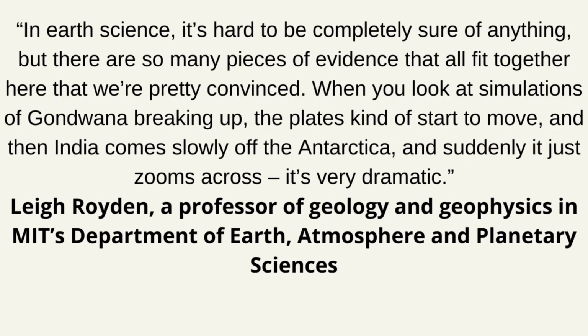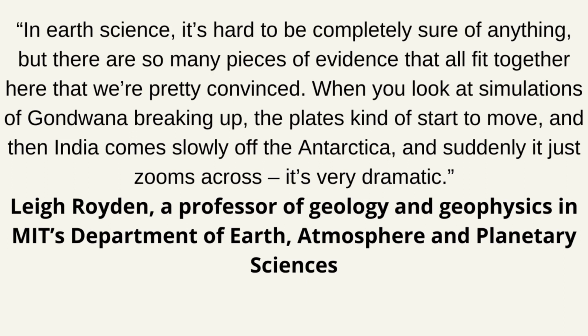I have an impressive quote from Lee Royden, a professor of geology and geophysics in MIT's Department of Earth, Atmosphere and Planetary Sciences. "In earth science, it's hard to be completely sure of anything, but there are so many pieces of evidence that all fit together here that we're pretty convinced.